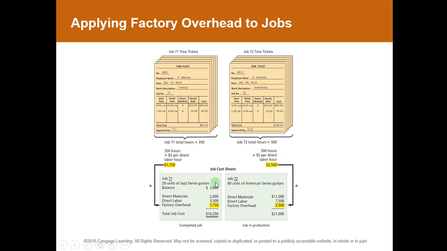So here's my job cost sheet that I'm updating. During this month, I've pulled in $2,000 of direct materials. I have $3,500 of direct labor. And based on my direct labor hours, I'm allocating $1,750 of overhead.